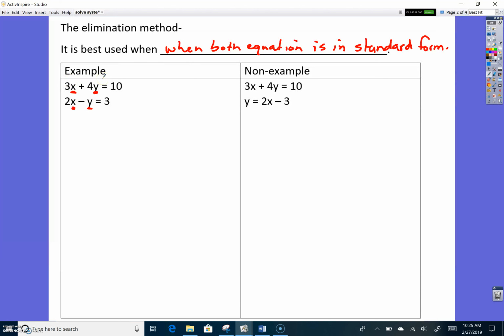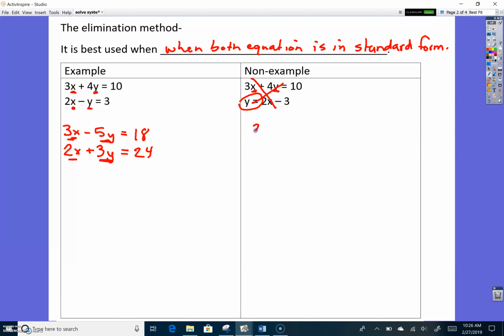That's an example. Here's a non-example: y equals, no good. Here's another example: 3x minus 5y equals 18, 2x plus 3y equals 24. You see that? Y, x, they're on top of each other.